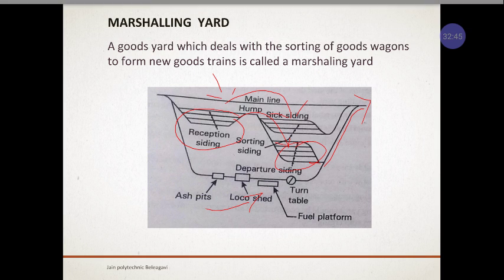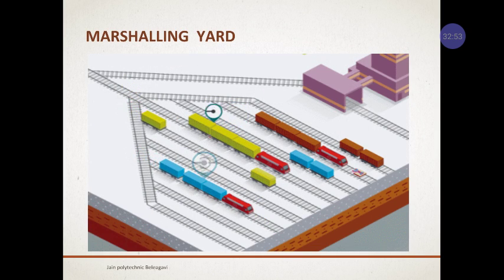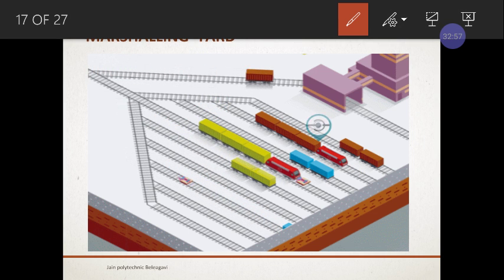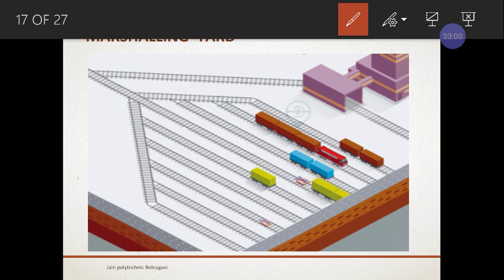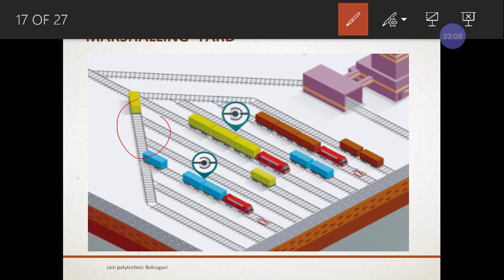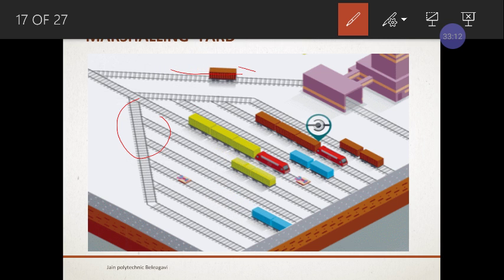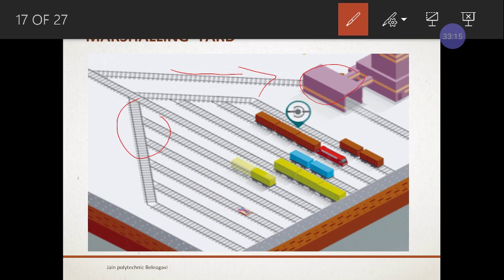For your understanding, there is another diagram here. You can see here how it's working. The bogies come after the sorting and connect to the engine, and the train which is coming out goes for the sorting work here.